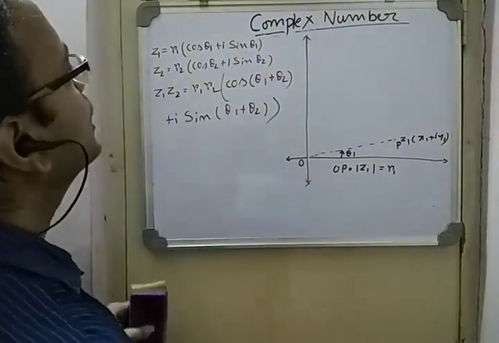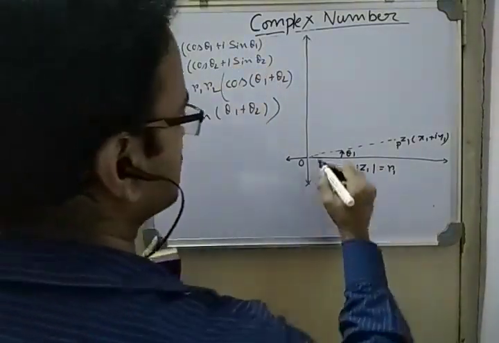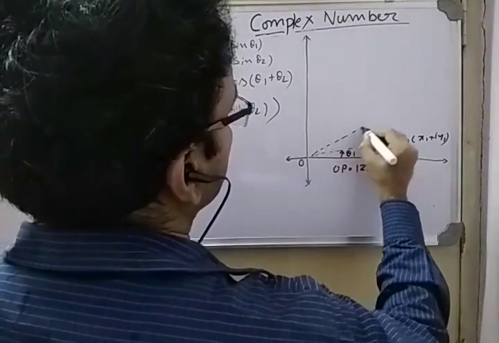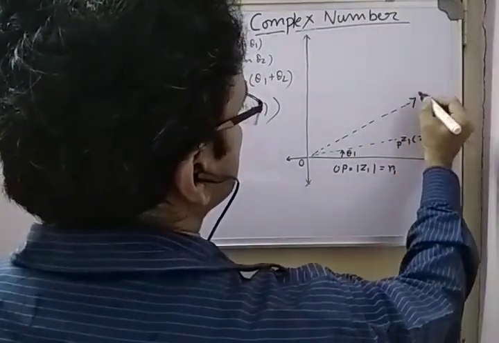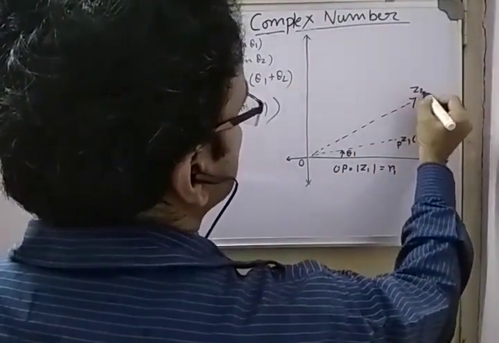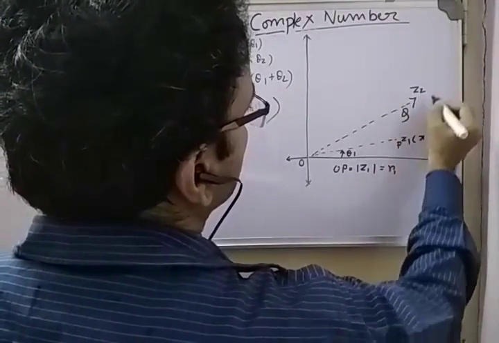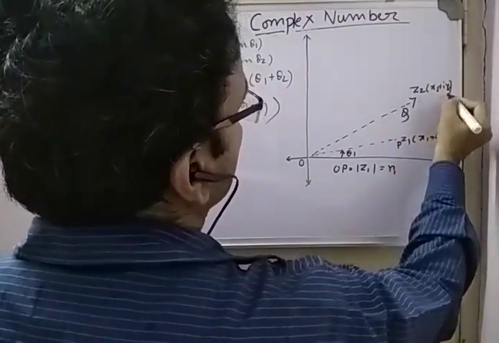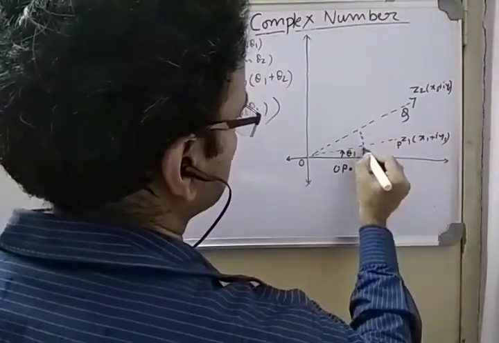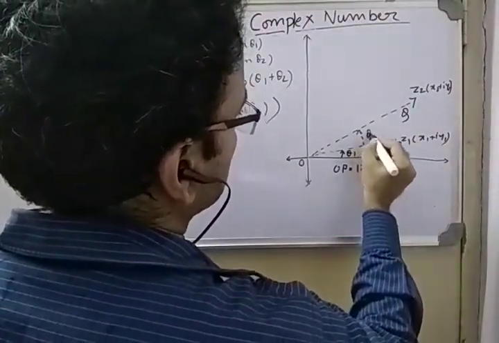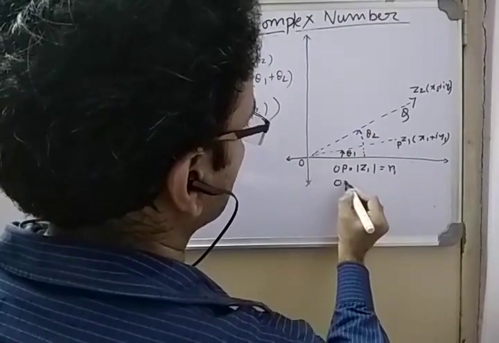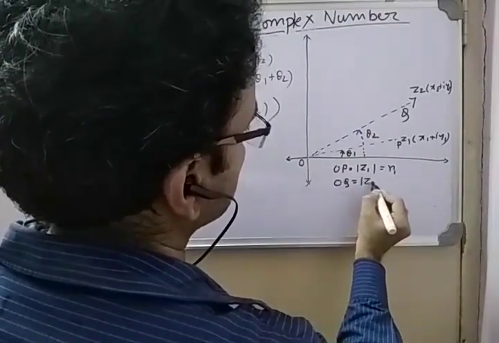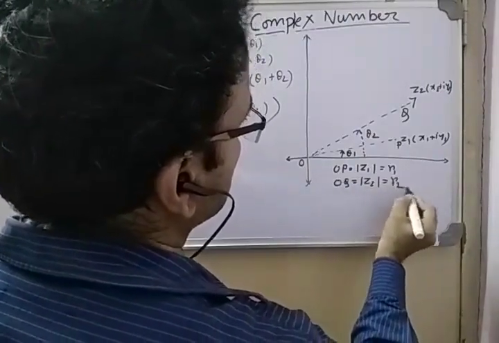That is the argument of Z1. Now take Z2 also. I will take Z2 here. I will make a point Q. So it will be X2 plus I Y2. And its angle will be theta 2. So we will write OQ equal to mod of Z2 equal to R2.